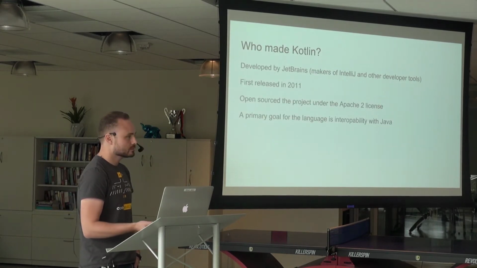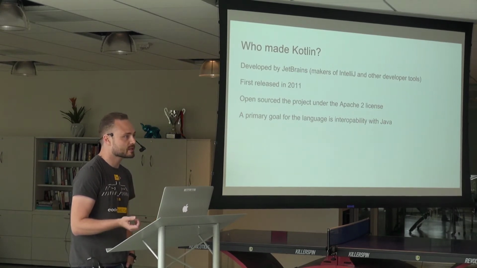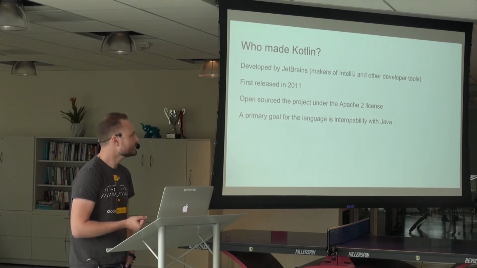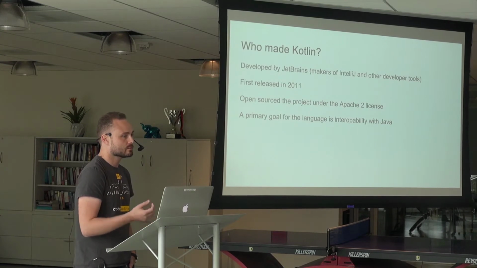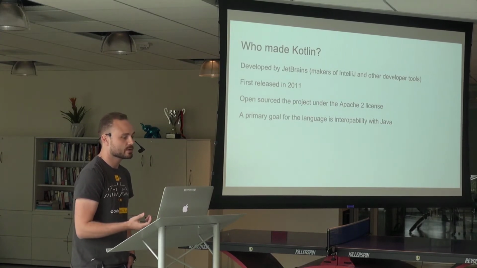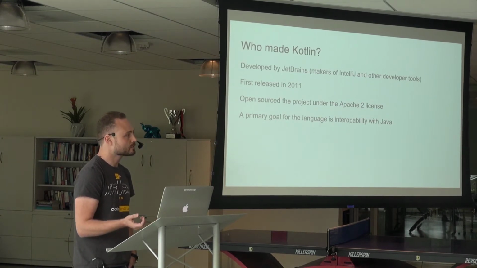So who made Kotlin? It was developed by JetBrains, which is the company that makes the IDE IntelliJ and a lot of other developer tools. The thing about Kotlin compared to a lot of other languages that have come about with some of these features, maybe like Swift, is JetBrains has used Kotlin in production for years.